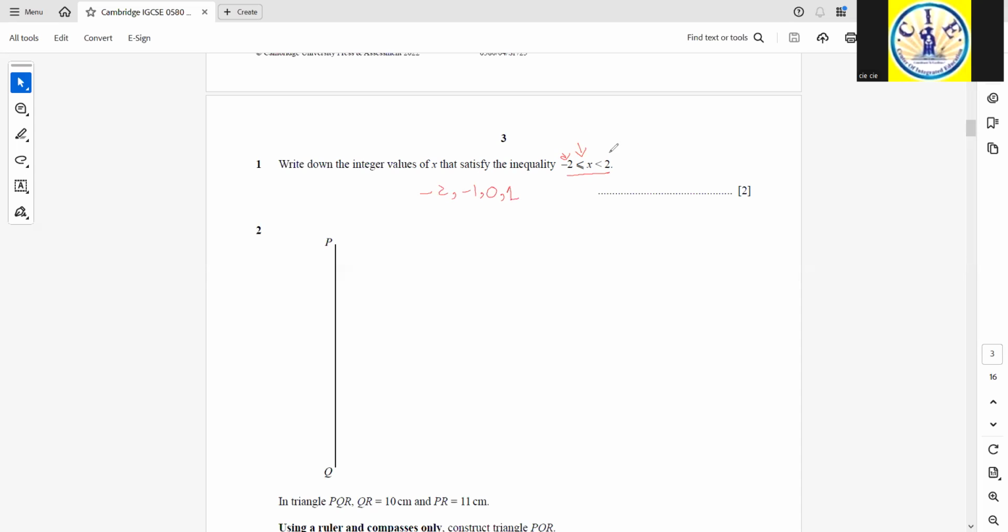And since here we have an open inequality, x less than 2, this is going to be our maximum integer included within this range. So we are not going to place 2 here. So this is going to be our final answer.